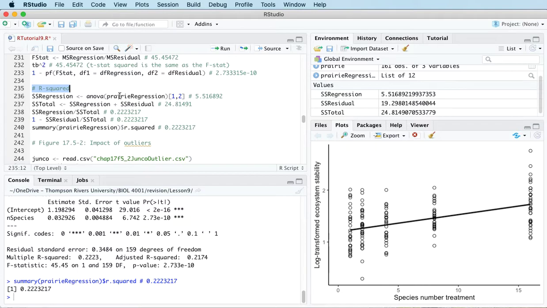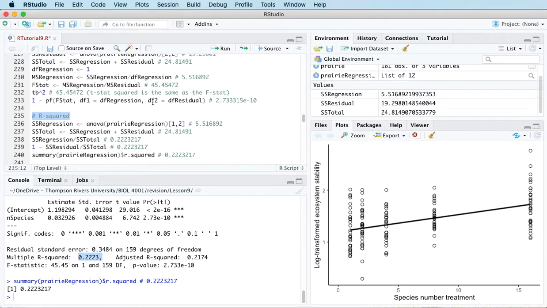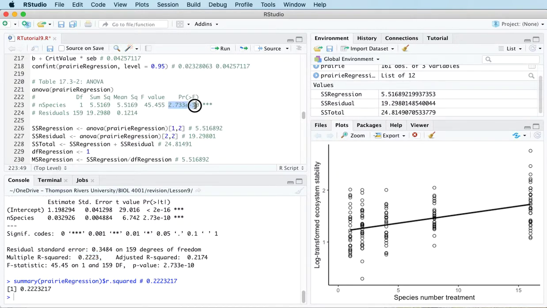but in isolation it's not perhaps as useful as you might think, because this is actually a nice illustration of this. The value of r squared here is only 22.2%. So you might think, well, this model is only able to account for 22.2% of the variation in the response variable. It can't be a very good model. Yet, earlier in the video, we determined that there was a statistically significant relationship between the response variable and the predictor variable.